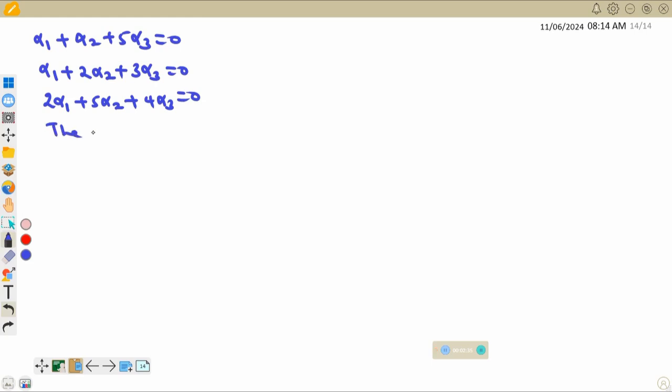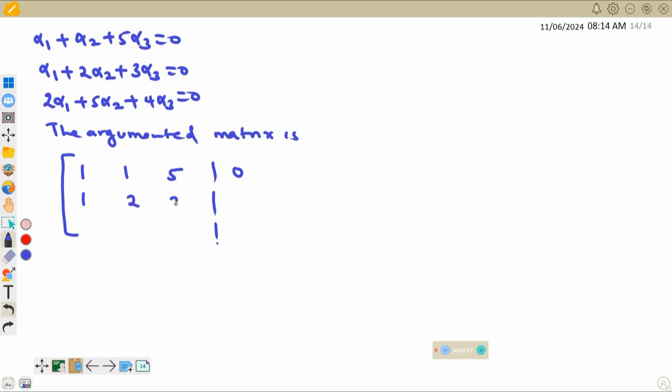So the augmented matrix is: we shall have this as 1, 1, 5. So this will be 0, this will be 1, 2, this will be 3, this will be 0, this will be 2, 5, 4, and this will be 0.